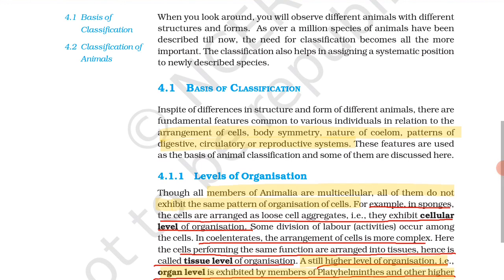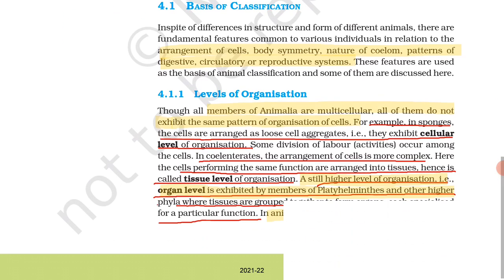So, different animals have some common features in relation to these. And next is level of organization.